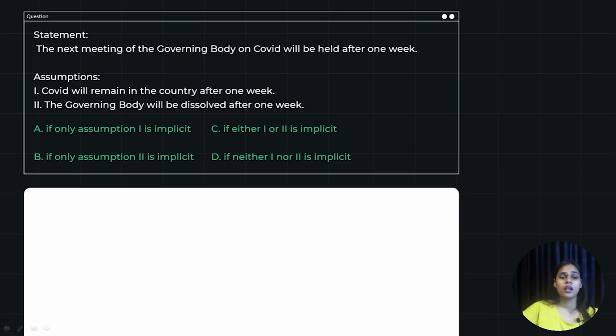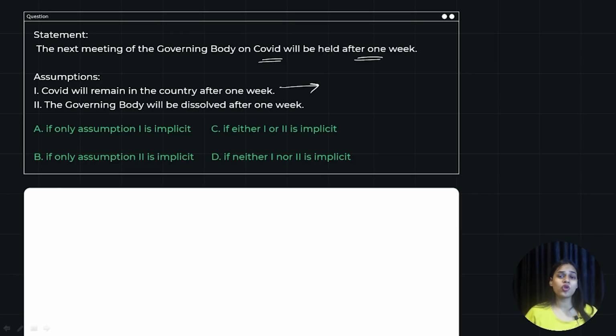All right. Assumption number 1 is COVID will remain in the country after 1 week, and 2, the governing body will be dissolved after 1 week. So we have 2 assumptions given to us. First is COVID will remain in the country after 1 week. The next meeting of the governing body on COVID will be held after 1 week.